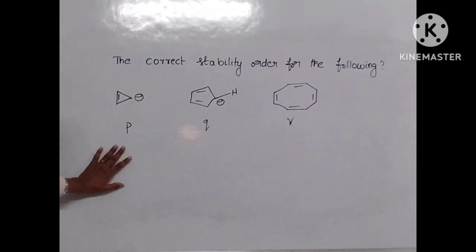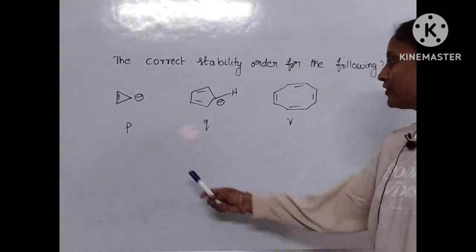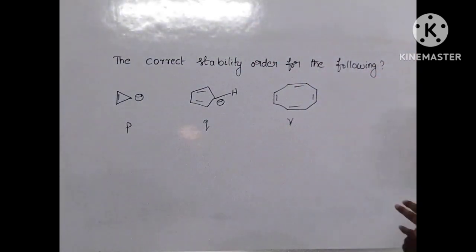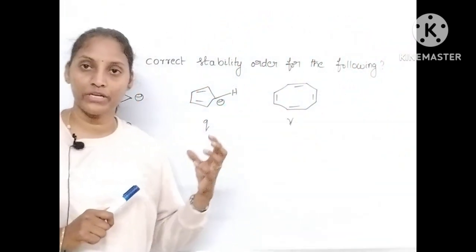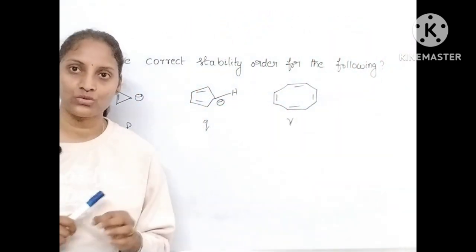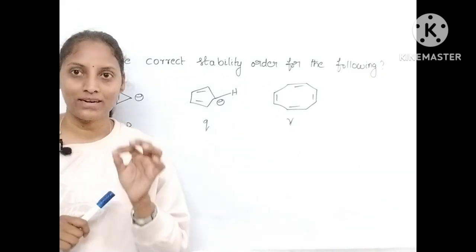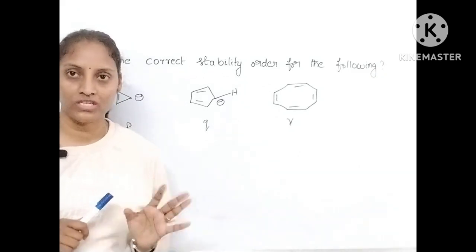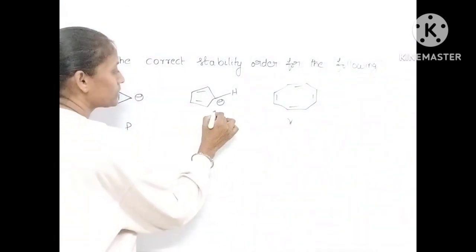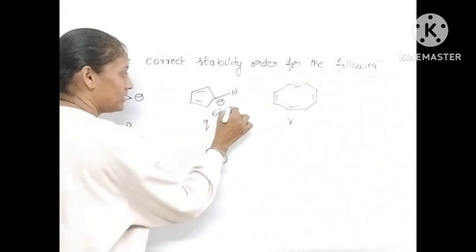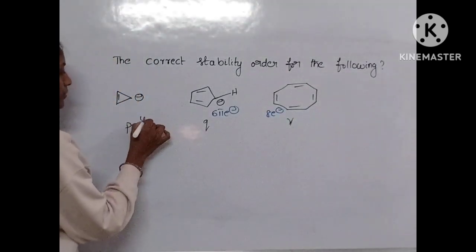Dear students, in this question we need to identify the correct stability order for all these 3 molecules. To identify the stability order, you need to apply Huckel's rule; the molecule that follows Huckel's rule comes first, as more stable. If you observe, here 6 pi electrons are there, here 8 pi electrons, and here 4 pi electrons.